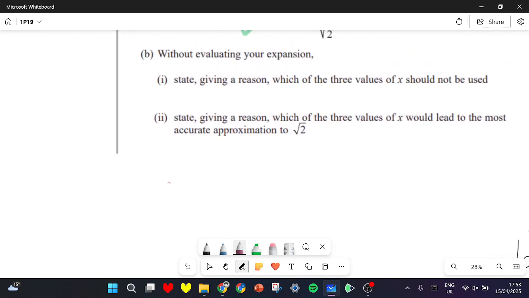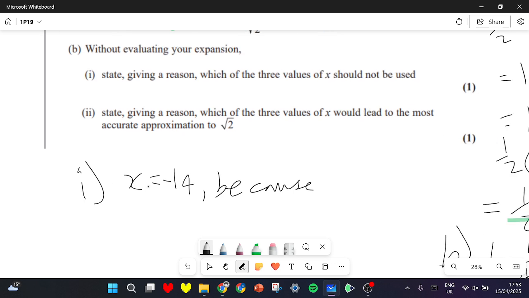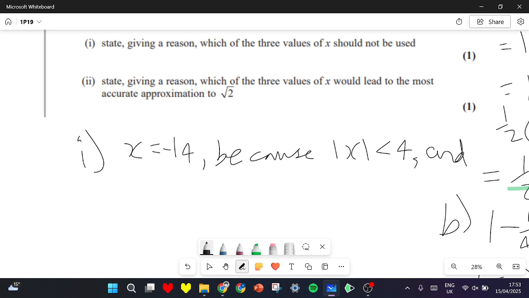So for this one, you'd have to say x is equal to minus 14, because the modulus of x has to be less than 4, and 14 isn't less than 4. Yeah, I think that's fine.